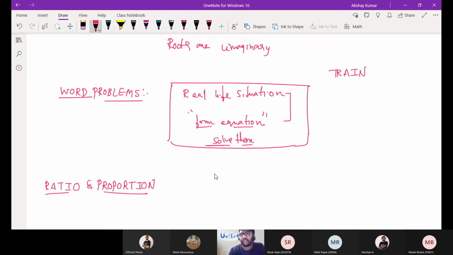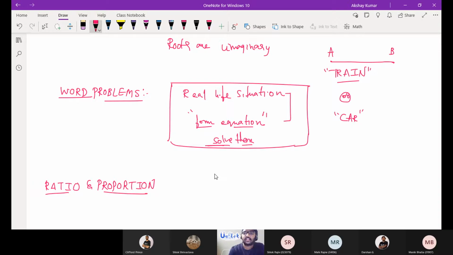For example, you stay in place A and you need to go to some other place, and I'll call that place B. Clear? Now there are two options for you to travel. You either can travel by train or you can travel by car.